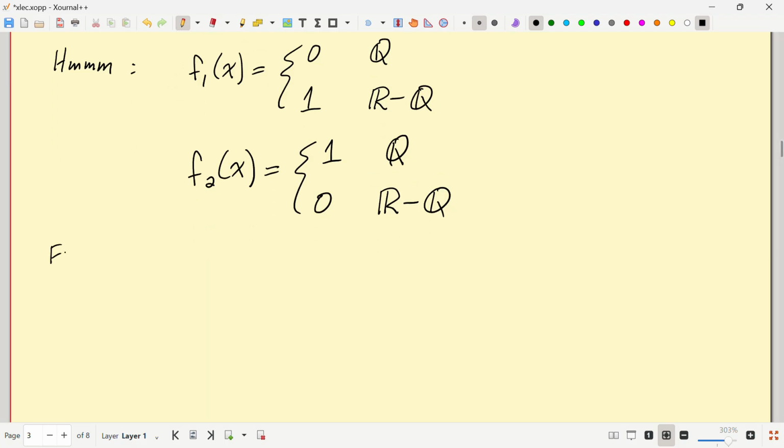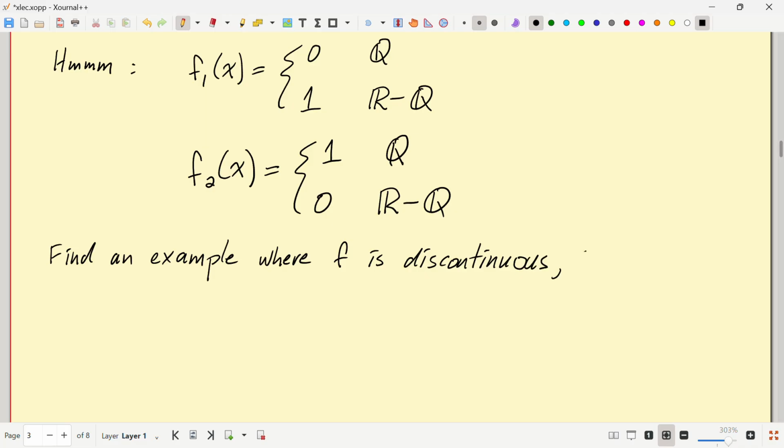Let's find an example. I think this is another one of the homework problems. Find an example where f is discontinuous at a point, or everywhere would be more fun, but the absolute value of f is continuous.